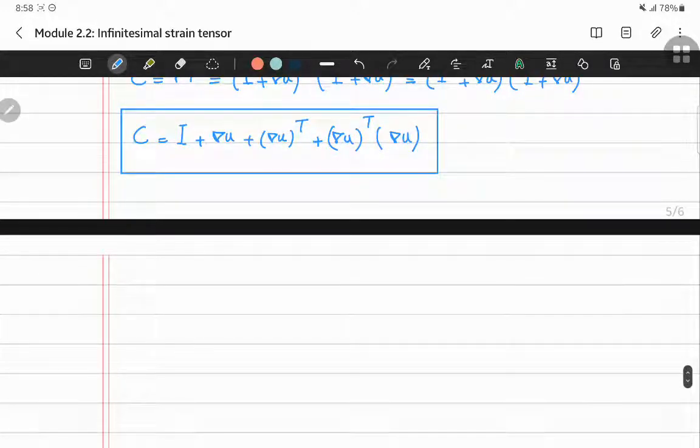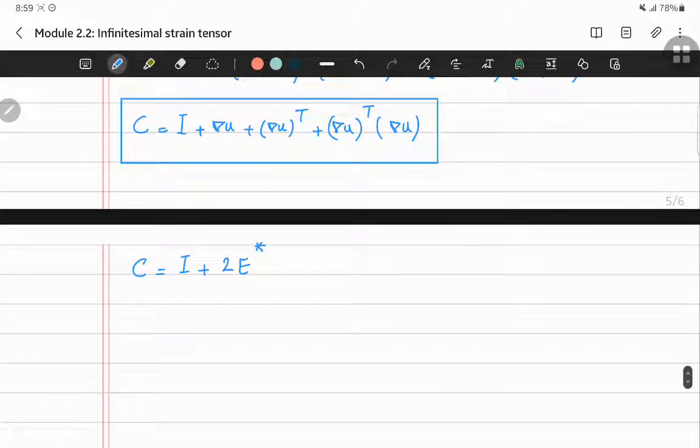We can simplify this further down to C equal to I plus 2E star, as the book also used, for the sake of consistency.